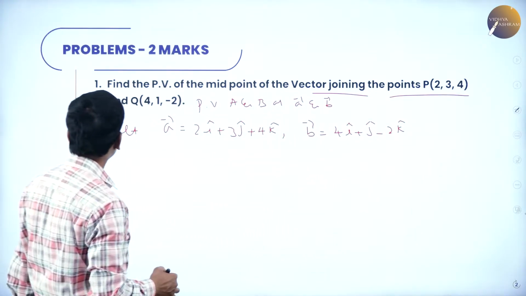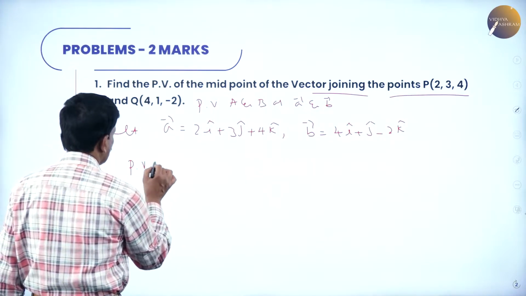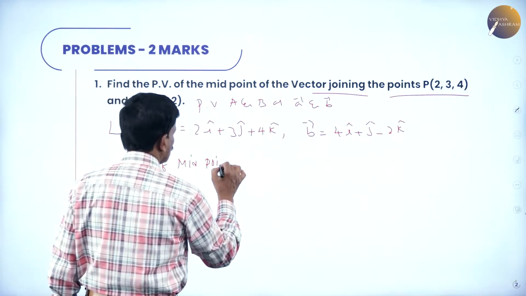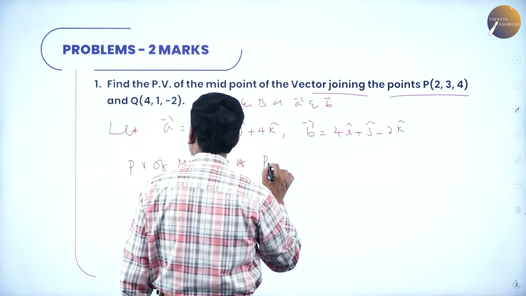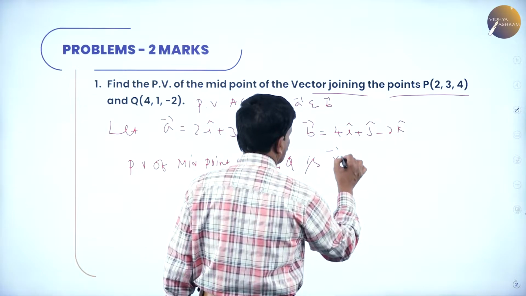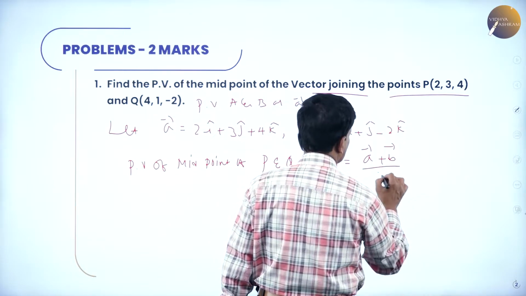Now what is required to find the position vector of the midpoint? The position vector of the midpoint of P and Q is vector R, which is equal to vector A plus B divided by 2.